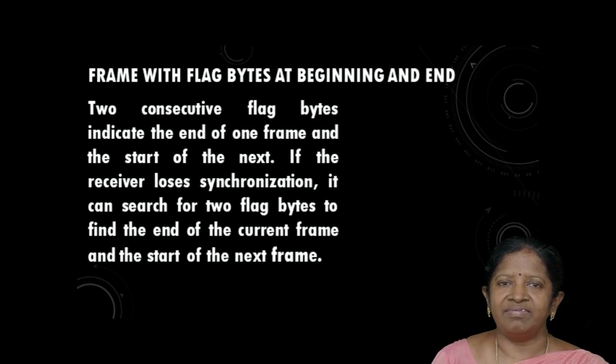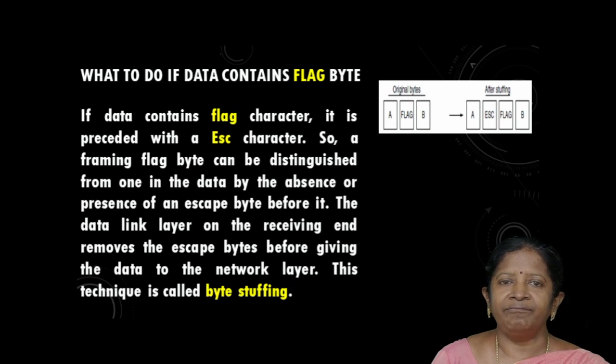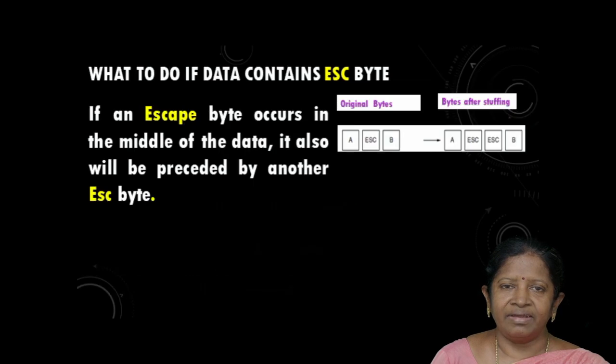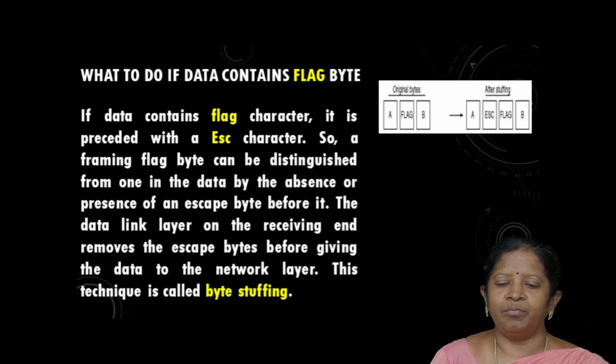But if inside the data itself a flag byte is appearing, then that flag byte will be preceded by one escape byte. So on the receiver side, if the escape is followed by a flag, the escape character will be removed by the receiver and it understands the data correctly.